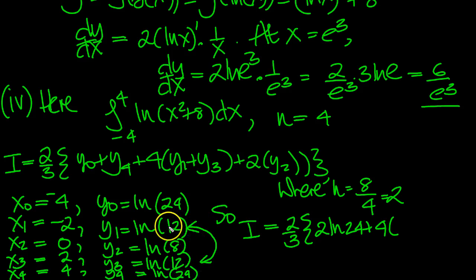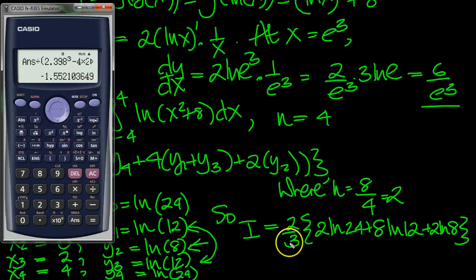So 4 lots of these, which is 2, so that makes 8. Let's put that down in one fell swoop again: 8 lots of ln 12, because it was 4 times 2 lots of these, and then 2 lots of y2, plus 2 log 8. And that should be it.